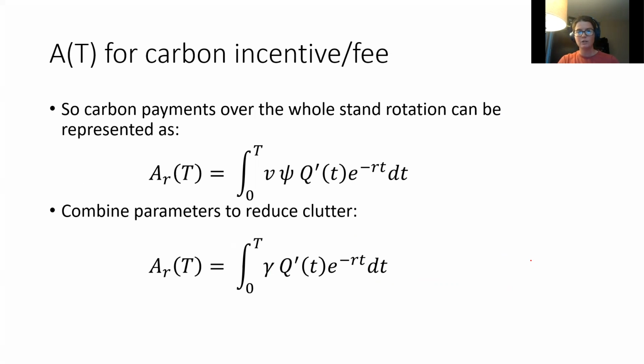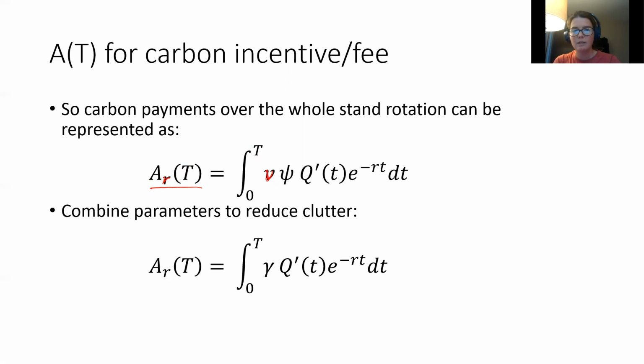So to represent the present value of all of our future carbon payments, the revenue side of our carbon payment policy, which I'm going to call A little r cap T, is the integral from 0 to cap T of our carbon payment.